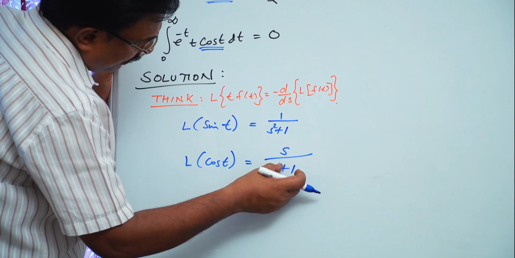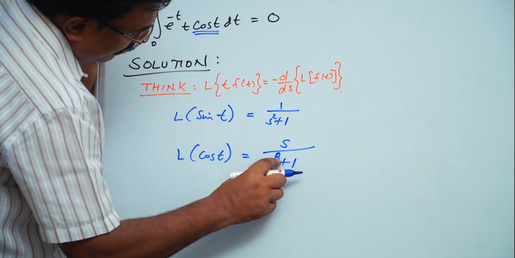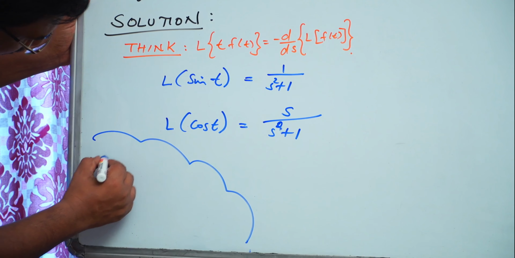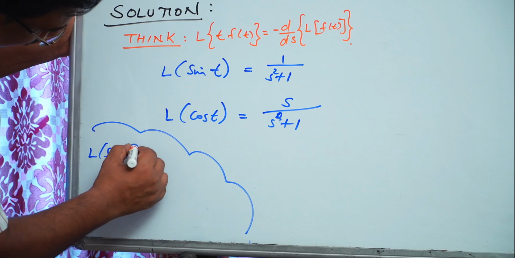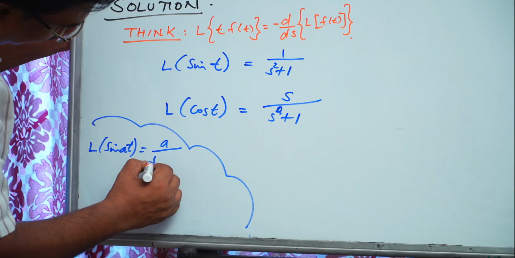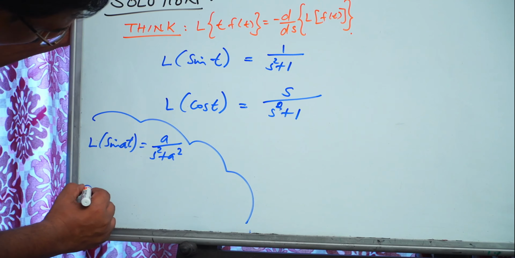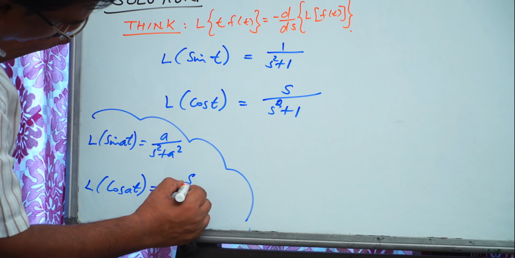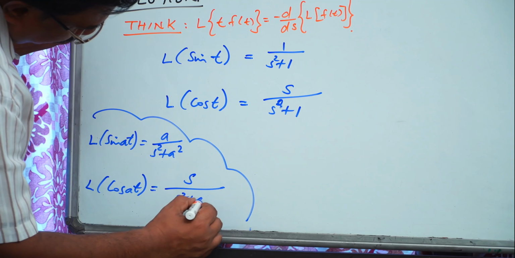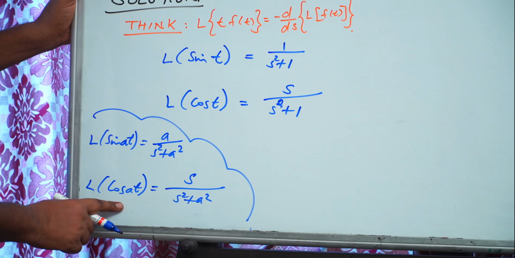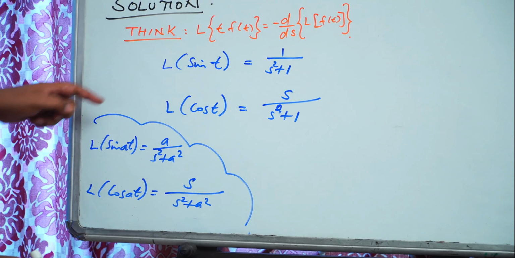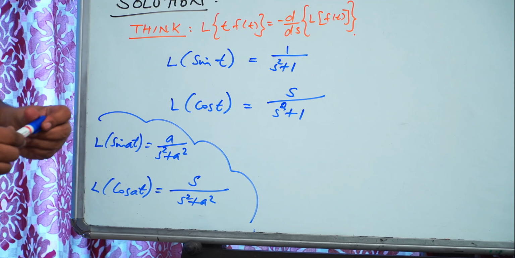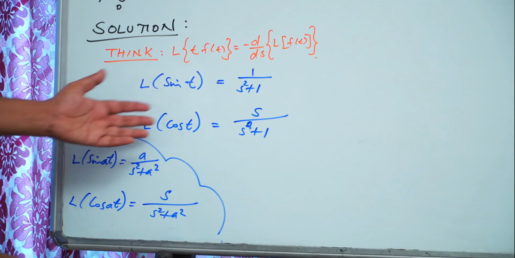These two results are standard, or otherwise Laplace of sin at is equal to a divided by s square plus a square, and Laplace of cos at is equal to s divided by s square plus a square. Here the coefficient of t is 1, so I used 1 instead of a.